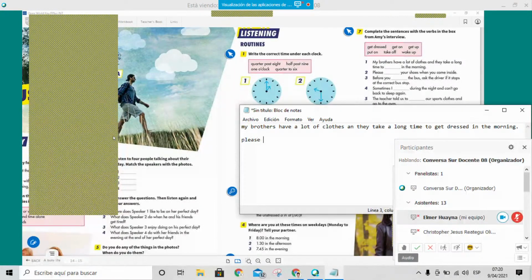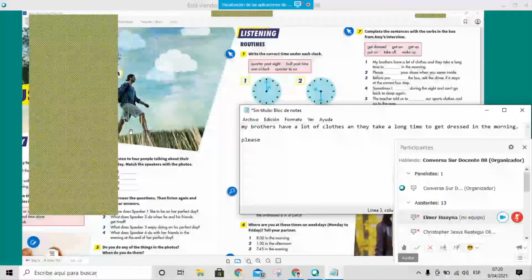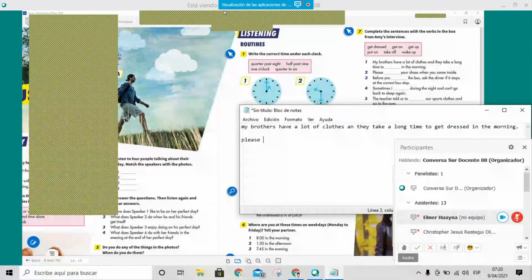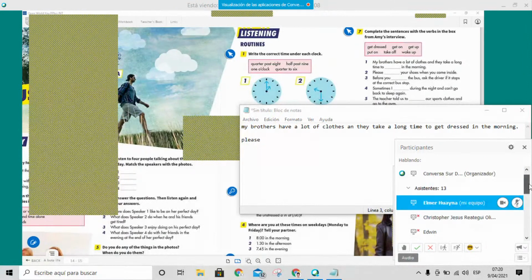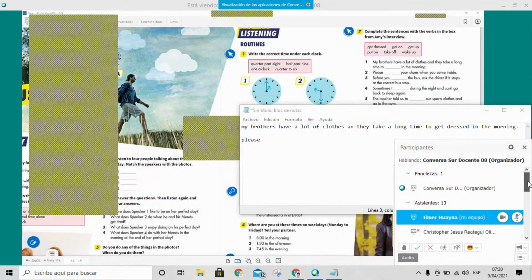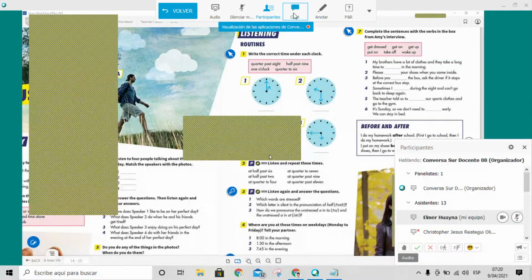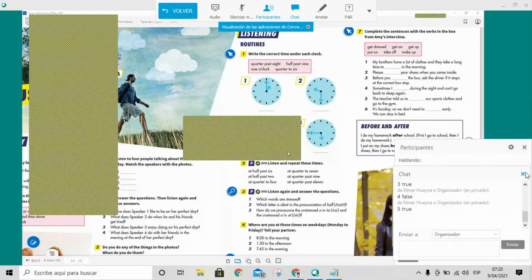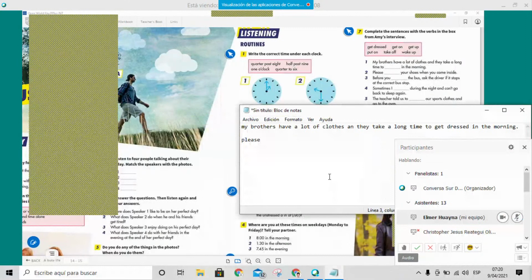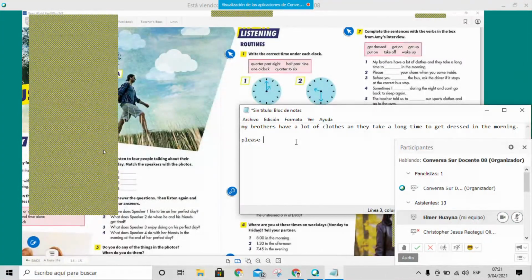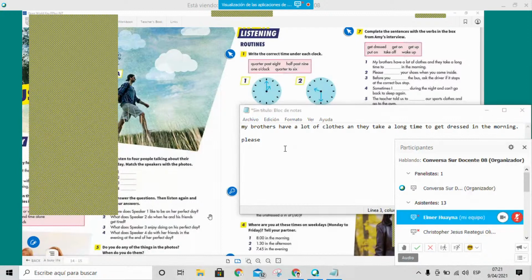Okay, to activate your microphone, you have a symbol of microphone. Well, if you cannot use your microphone, please use the chat. Okay? And you can write present.